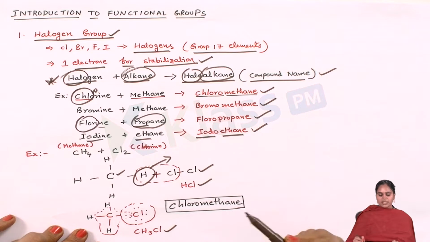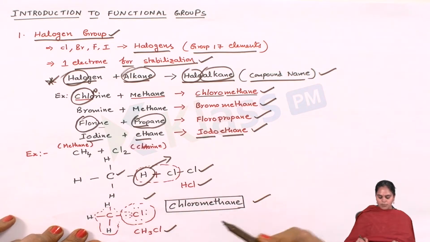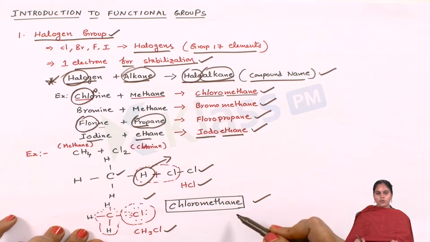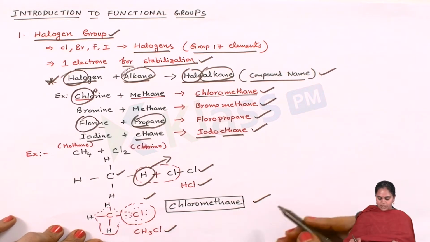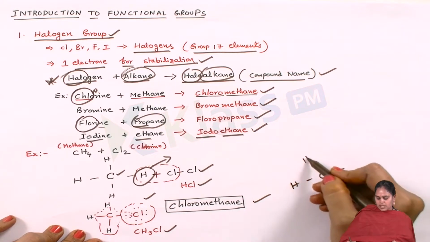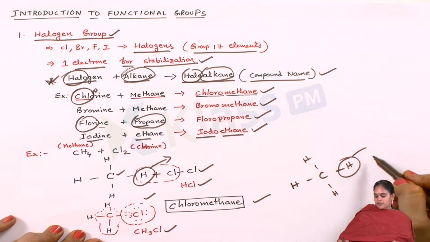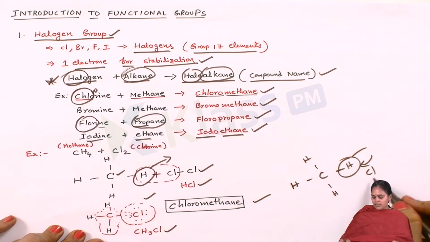So this one is the chloromethane formula. This is the structural formula and the name is chloromethane. Methane, we know the formula of methane, that is CH4. This hydrogen is replaced with chlorine. So when this is replaced with chlorine, this becomes chloromethane.